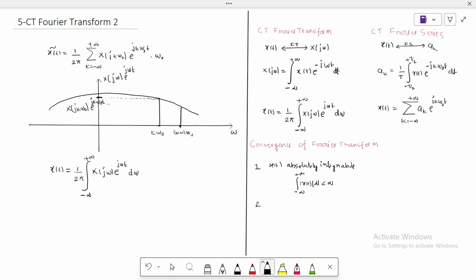The second one is that it should have a finite number of maxima and minima within any finite interval. So x of t has a finite number of maxima and minima within any time interval.